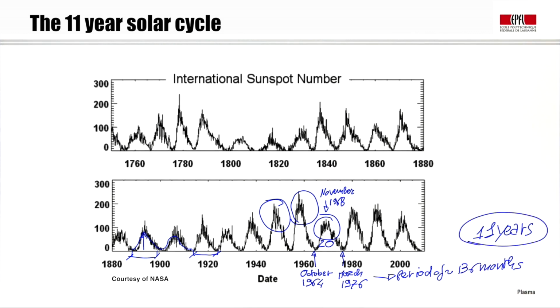If we consider all the solar cycles and we take the average of the solar period, we obtain approximately 131.7 months, almost exactly 11 years. This is the so-called 11-year solar cycle, which is telling us that the Sun goes through phases of maximum and minimum activity with an average period of approximately 11 years.